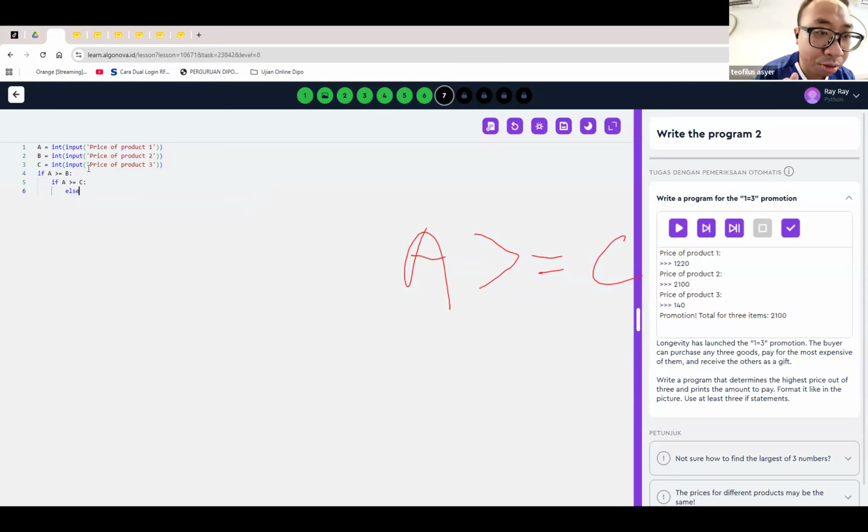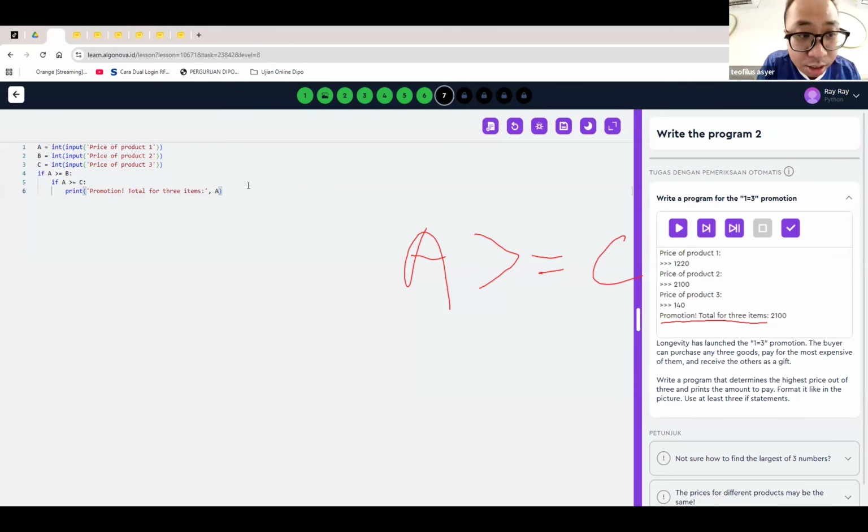There are just 3 products, and you already coded all of them, so you have to use print right now. Print. Okay, this statement: the total for 3 items, quotation, comma, A, because we're talking about A, right?